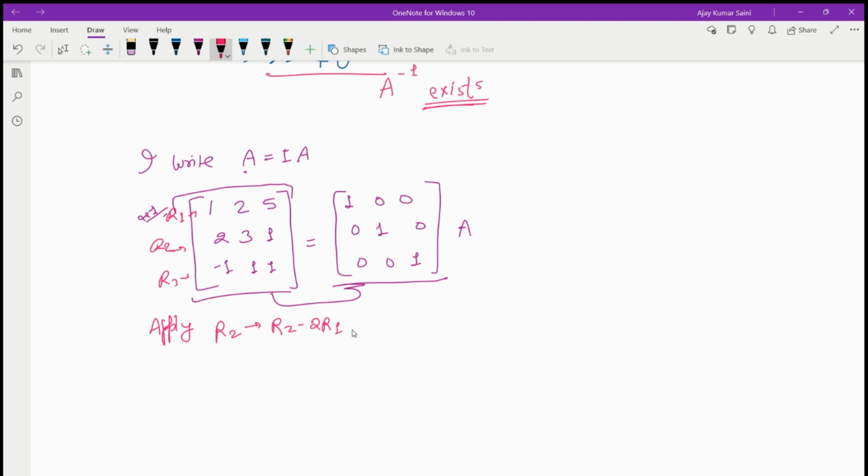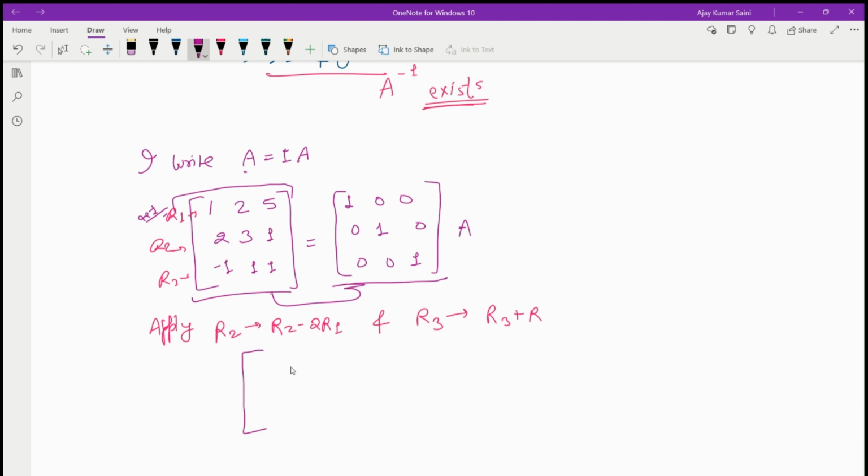If I multiply R1 by 2 and subtract it from R2, this term becomes 0. And R3 becomes R3 plus R1. Since it is minus plus, it is 0. So now the final matrix comes.